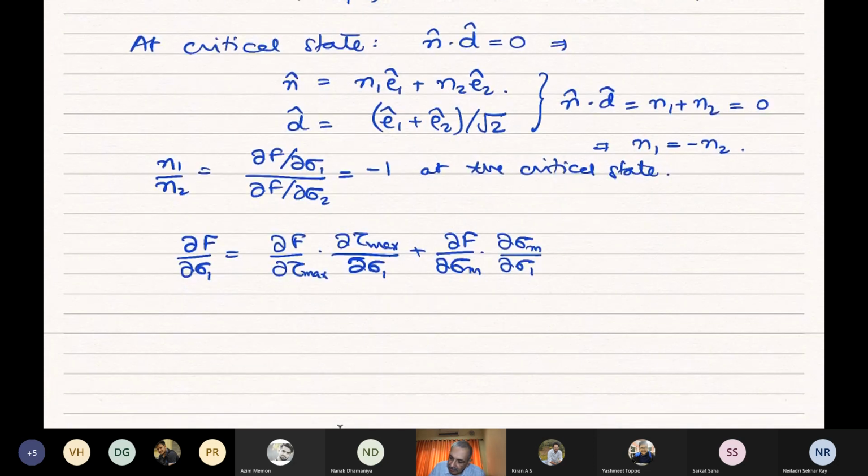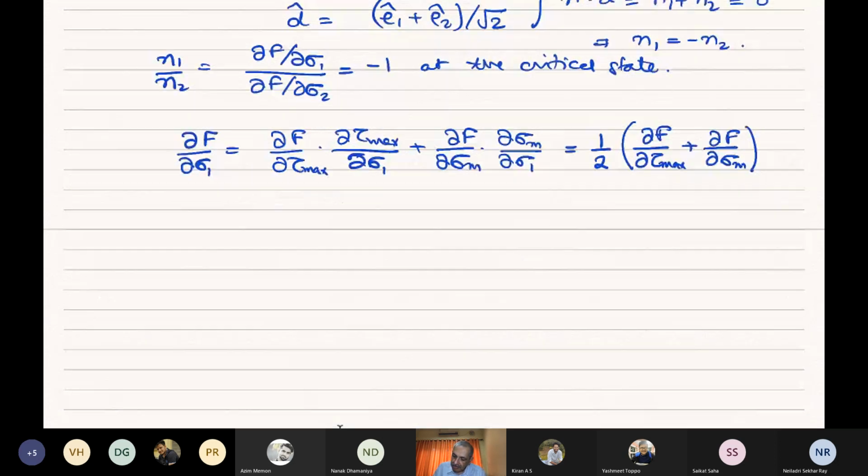So this actually just simplifies to half of del f by del tau max plus del f by del sigma m. So this is the first result.